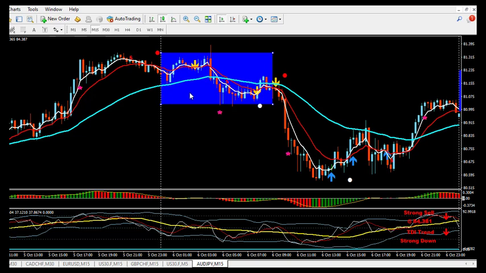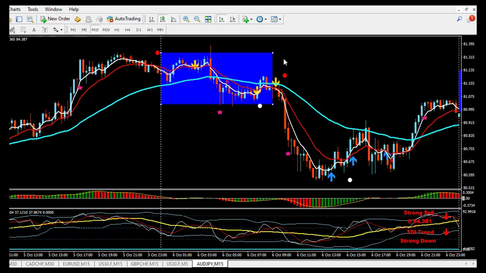Inside this blue box, I don't trade, because at this time I'm actually sleeping, and this is the Asian market, so I don't trade it. By this time I'm awake, so I trade this setting.